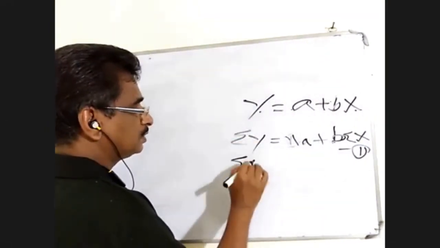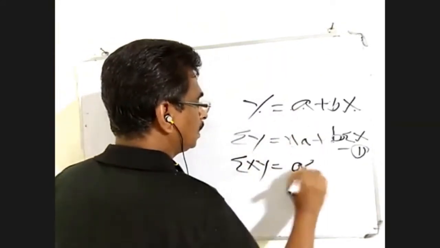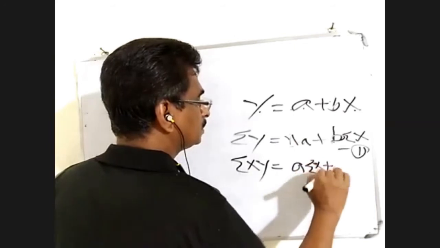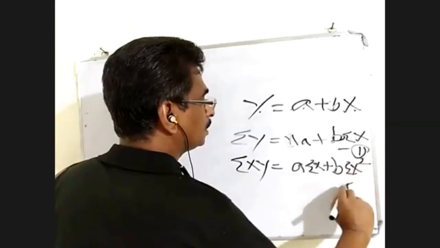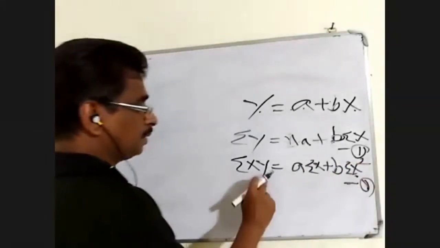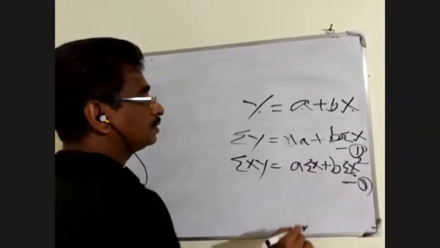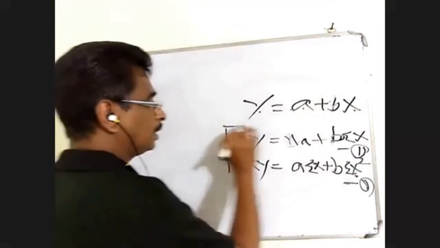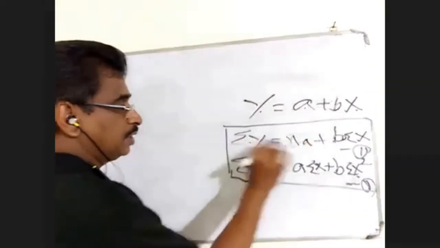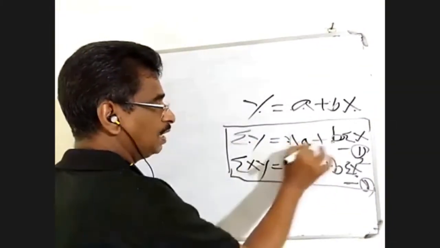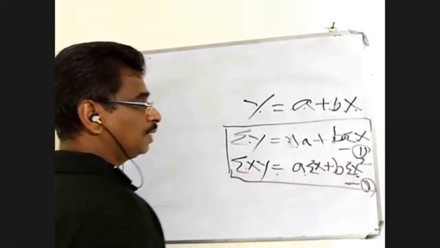We get sigma xy is equal to a sigma x plus b sigma x squared. These are the normal equations of y on x: sigma y is equal to Na plus b sigma x, where n is the number of observations, and sigma xy is equal to a sigma x plus b sigma x squared.